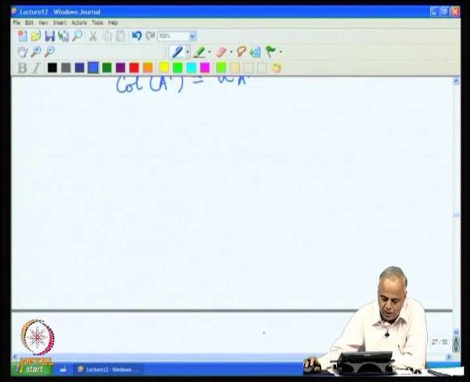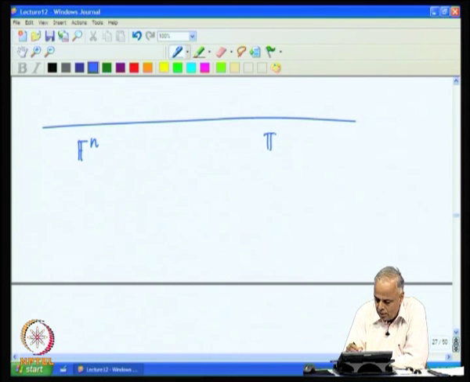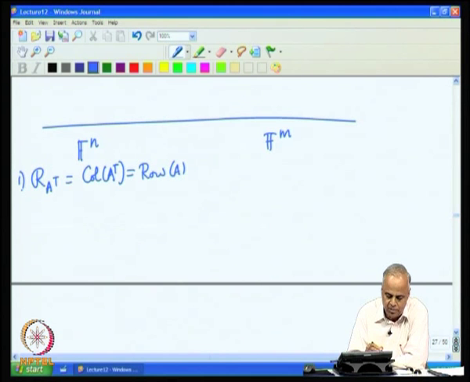So, eventually on the Fn side, we have range of A transpose, which is the same as the column space of A transpose, which is the same as the row space of A. That is the first subspace on the Fn side.